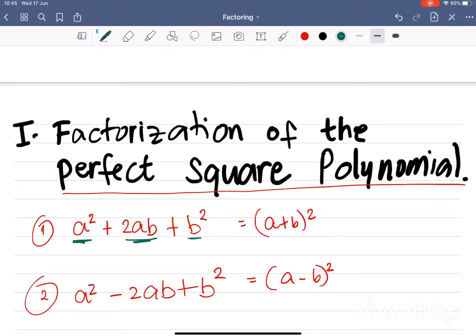If the first term is a squared and the third term is b squared, you get the first term, which is a, multiply it with the third term, which is b, and multiply it with a constant 2, so we can say that it's a perfect square trinomial. And every perfect square trinomial can be expressed as a plus b quantity squared.